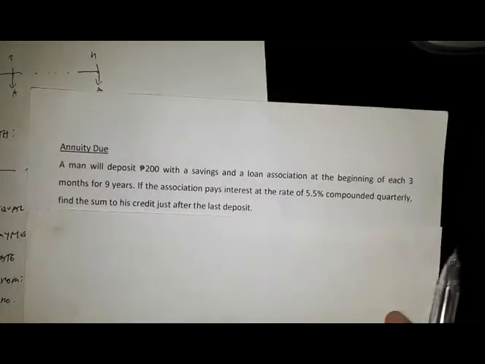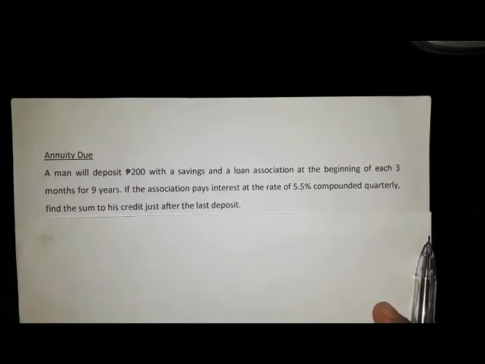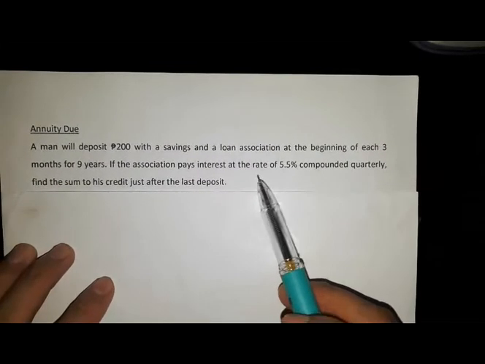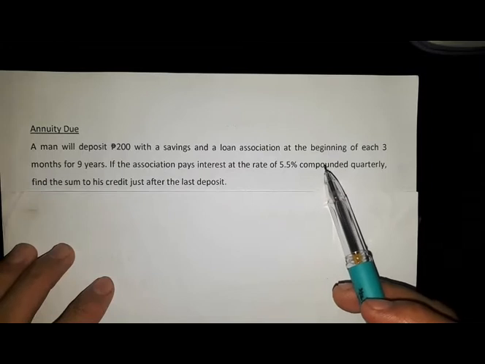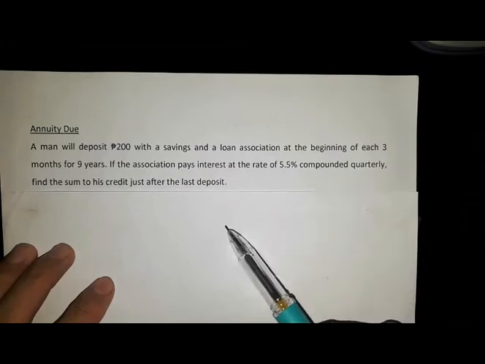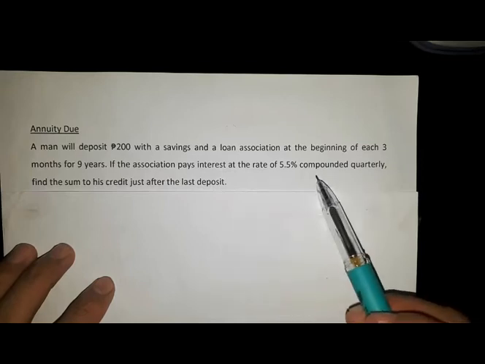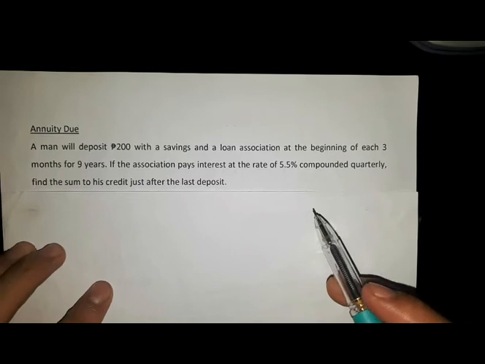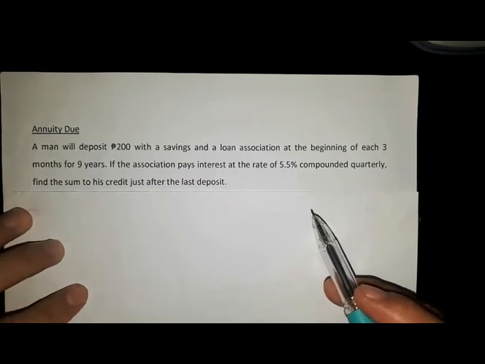A man will deposit 200 pesos with the savings and loan association at the beginning of each 3 months for 9 years. If the association pays interest at the rate of 5.5% compounded quarterly, find the sum to his credit after the last deposit.